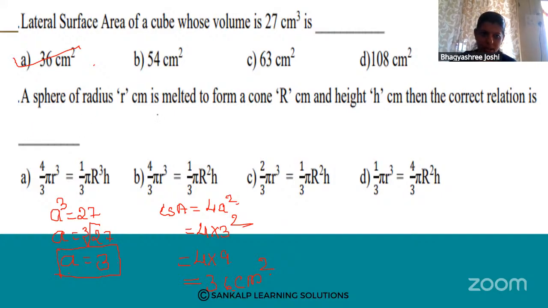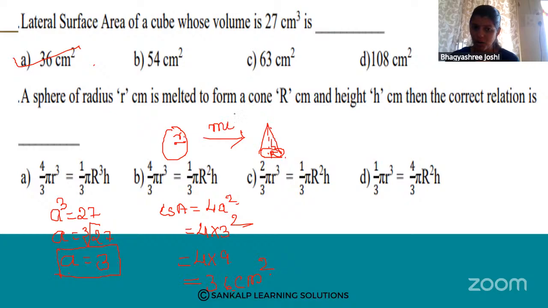When you melt a sphere, that sphere is converted into cone, right? So here volume is changing.